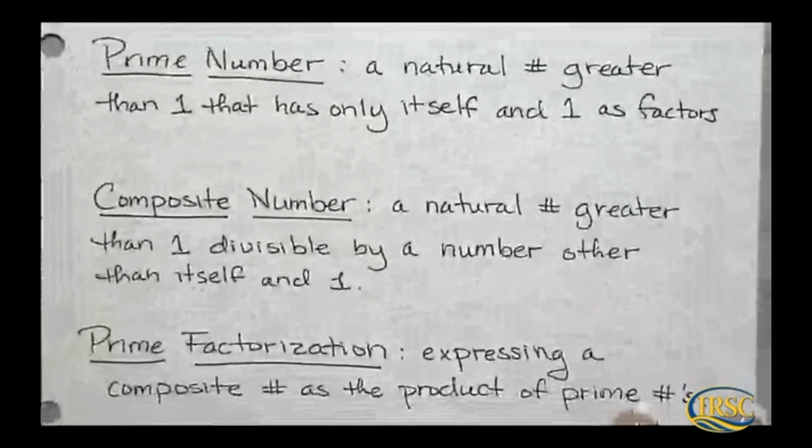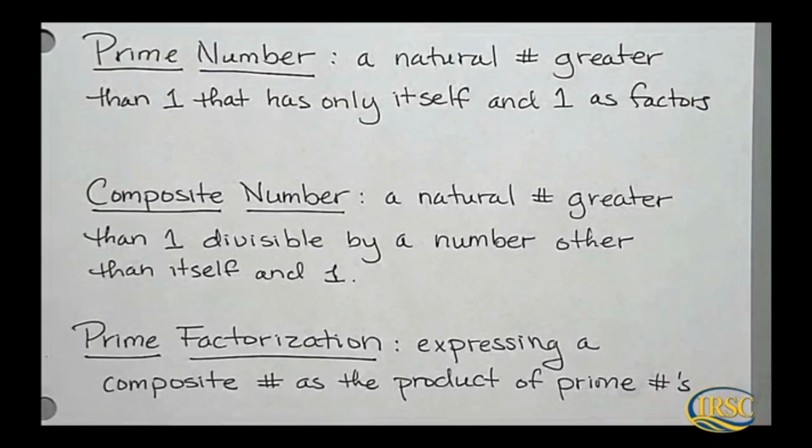that you probably already know, like a prime number. A prime number is a natural number greater than 1 that has only itself and 1 as factors. So the number 2 is prime because only 1 times 2 gives you 2. The number 7 is prime because only 1 times 7 gives you 7.